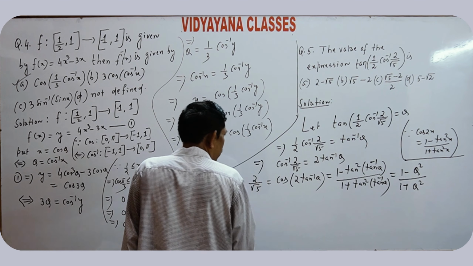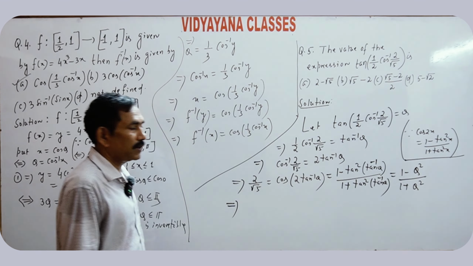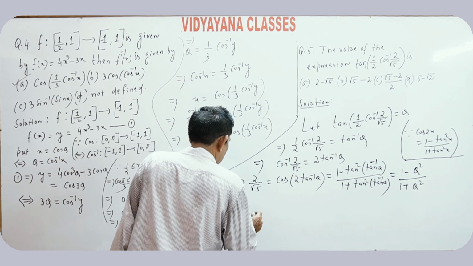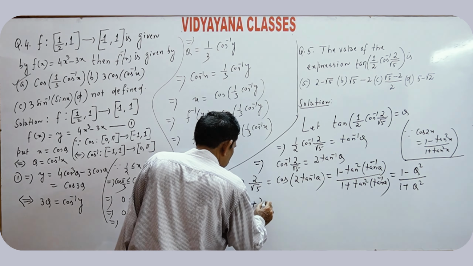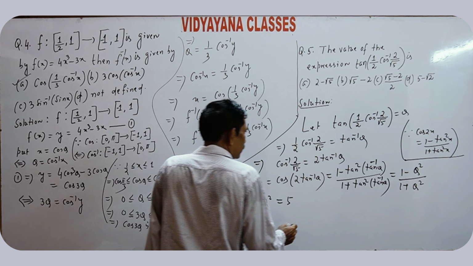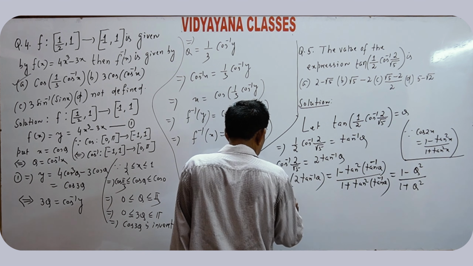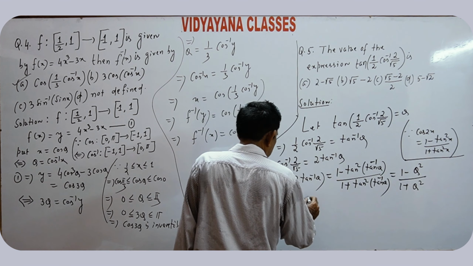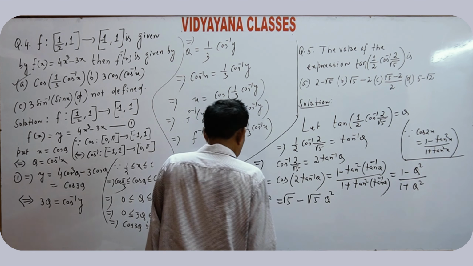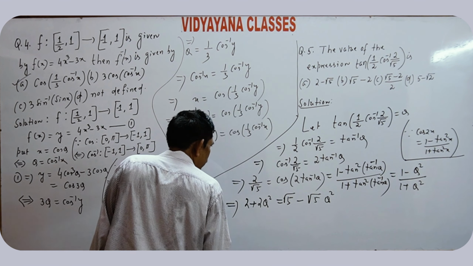By the cross multiplication, 2 plus 2 theta square is equal to root 5 minus root 5 theta square.